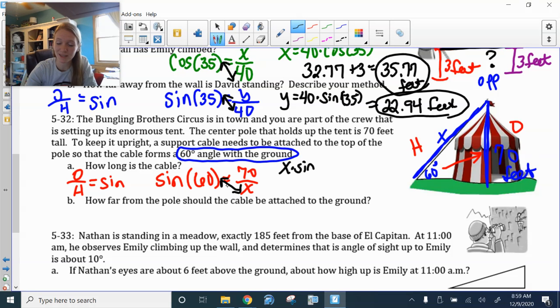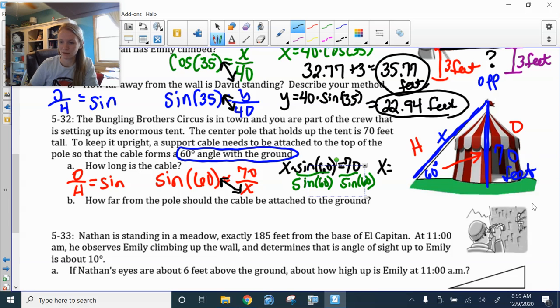I'm sorry, the sine doesn't go with the number. I have x times the sine of 60 equals 70. So I'm going to have to divide by the sine of 60, which is going to give me something.